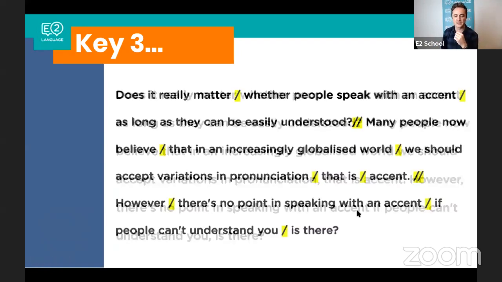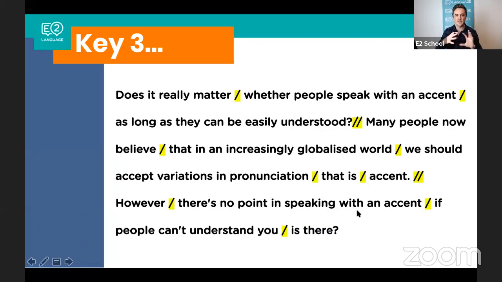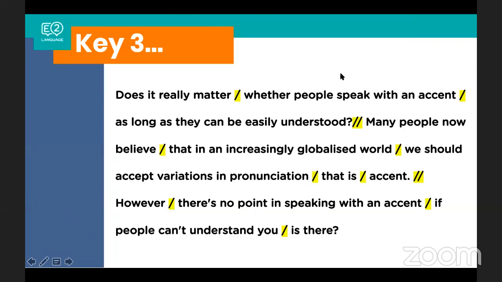So what we need to do is we need to think about where we pause in order to emphasize particular meaning. So what I'm going to do is I'm going to read this now. Listen to where I pause and listen to how I group words together, and then I'll give you a chance to do it in a second. For example, does it really matter whether people speak with an accent as long as they can be easily understood?